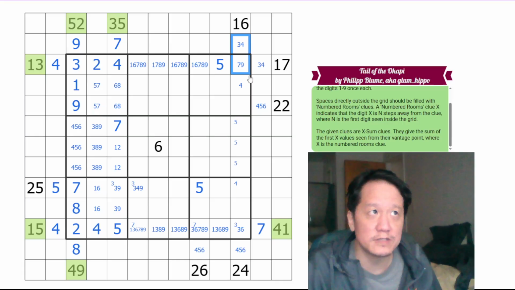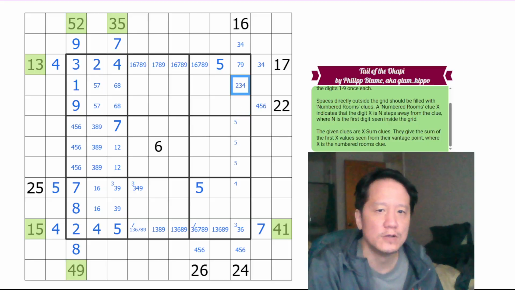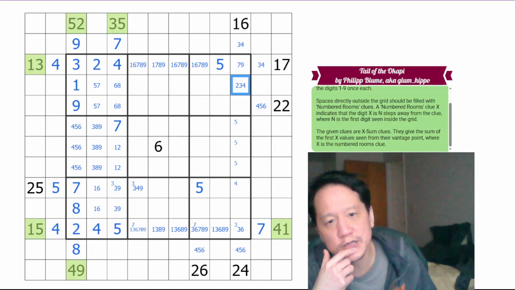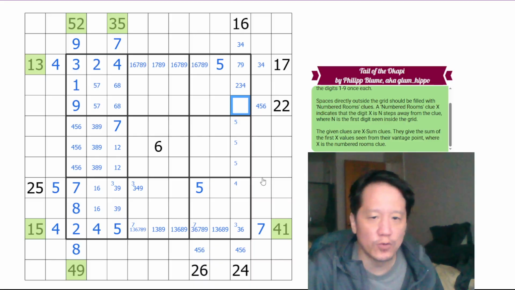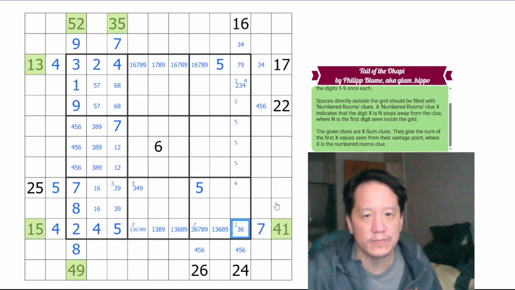So 16 minus 11 is 5. You can't have a 4 in the set to add up, so this would have to be a 2-3 pair. So this is guaranteed to be 2-3. So 4 has to be either here or here in this column. 3 has to be here or here in this column.